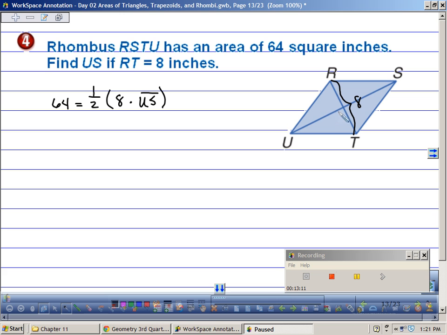It's a variable, exactly. So I know my formula for area is the area equals half of the diagonals being multiplied by each other, right? So if I don't know one of the diagonals, I just say, well, I don't know that one, but I know if you multiply it by 8 and then multiply it by a half, I'll get the area, correct? 64 equals, what's half of 8? 4.